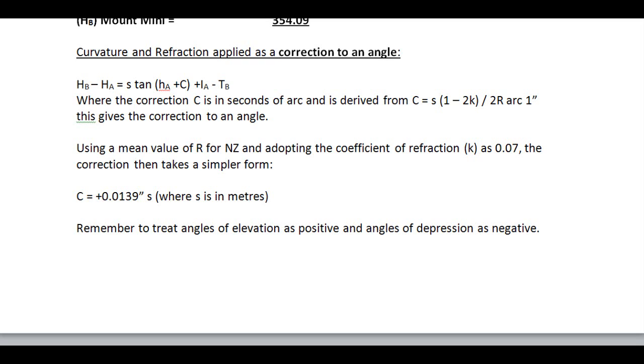So using the mean value of R for New Zealand, and be careful if you're in other countries, and adopting the coefficient of refraction K as 0.07, the correction then takes the simpler form, C equals plus 0.0139 seconds times S, where S is in meters. Remember to treat angles of elevation as positive, so if you're looking up, positive angles, and angles of depression looking down are negative.